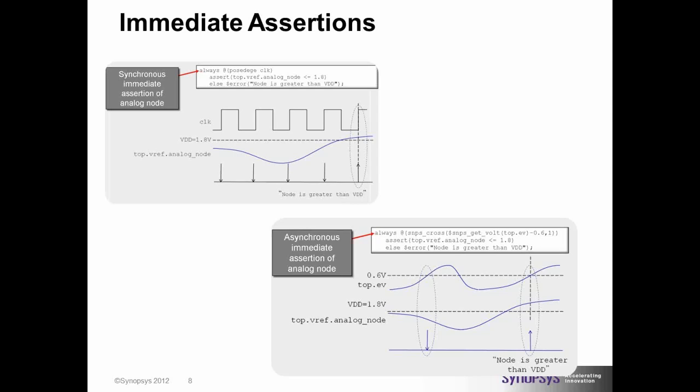On the next slide is something for the asynchronous assertion of a signal. Here is where I was also talking about in one of those slides previously, where you have the capability built in with VCS to be able to capture voltage values at a particular electrical node. So then you use Synopsys PLIs to be able to get the voltage at that particular point at any time, and then write something like an always @. Basically those are asynchronous events, and once that particular node crosses, say for example in this case, a voltage of 1.8, the whole PLI unblocks and then it goes and checks for the assertion.